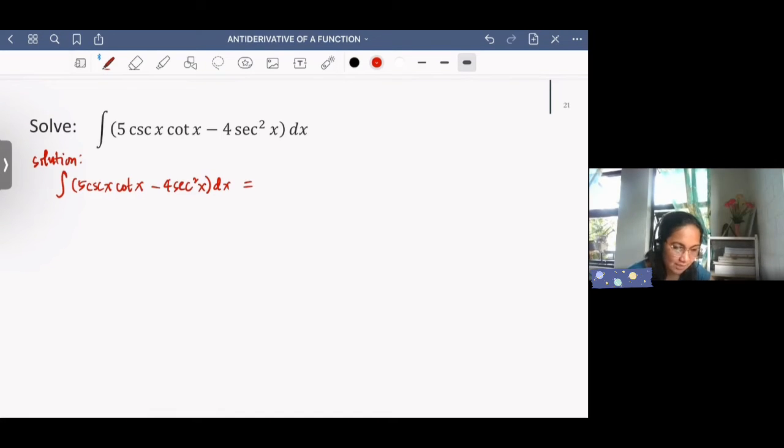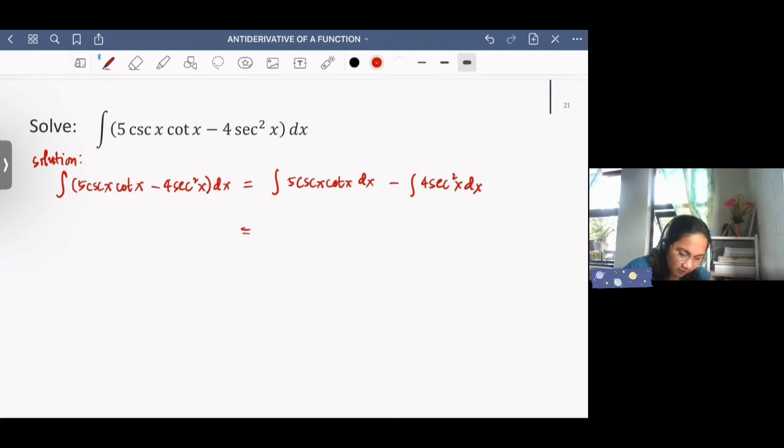First is we will apply the difference rule. This is now the integral of 5 cosecant x cotangent x dx minus the integral of 4 secant squared x dx. Next is we will factor out the numerical coefficients 5 and 4 in our integral notation.